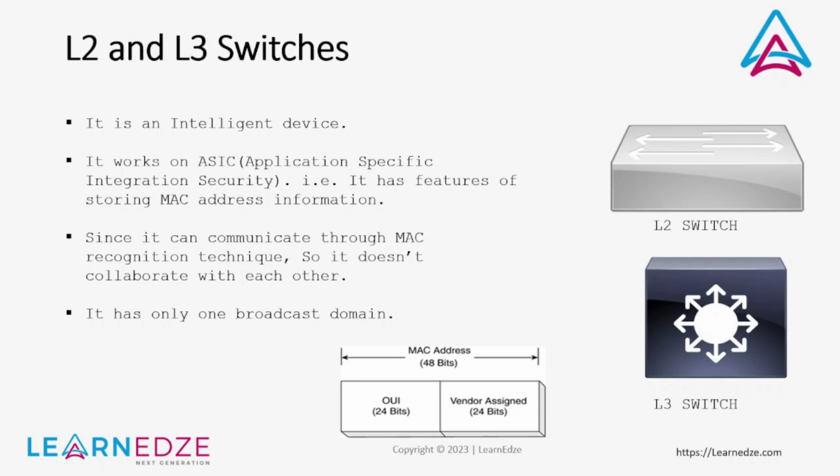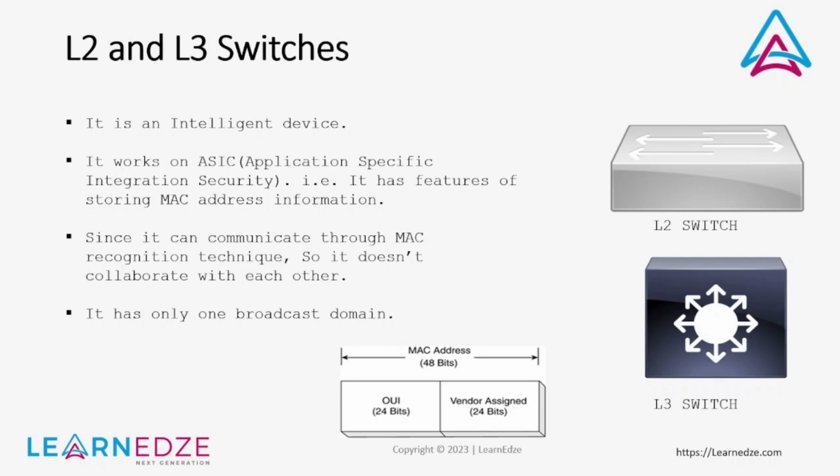So for a switch it is easier to pass the data from host to the network, from the network to the host, or from host to host. So it can process the data very fast. It has only one broadcast domain. What is a broadcast domain?